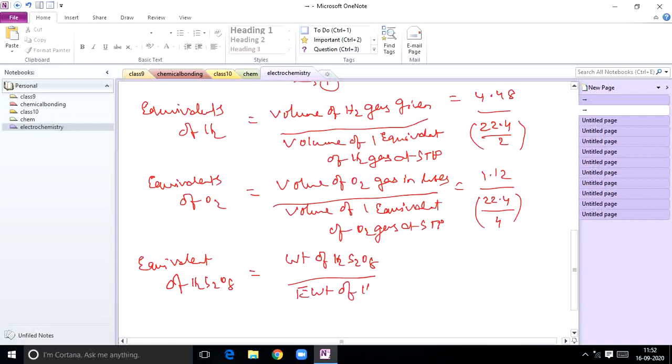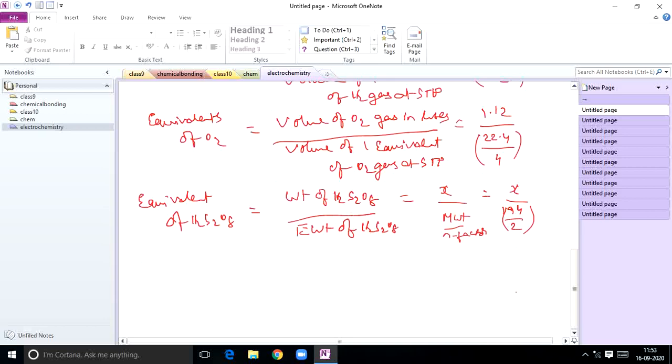Weight of H2S2O8, I don't know, X I am taking. Equivalent weight is equal to, what is the formula? Molecular weight by N factor. So that is equal to X by 194, which is the molecular weight, and N factor in this case is 2.